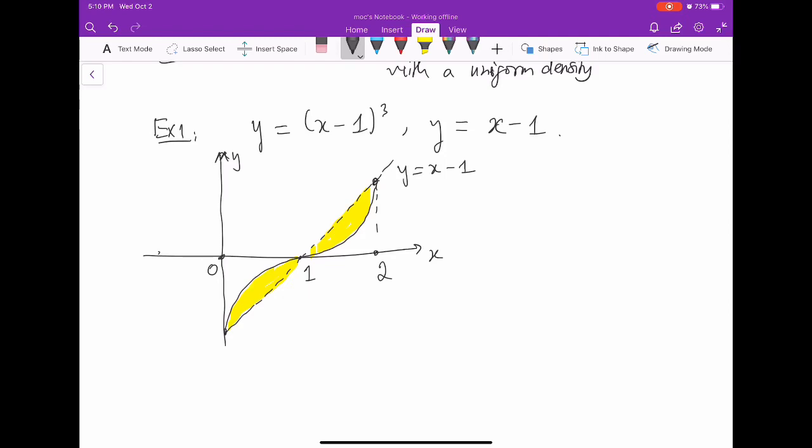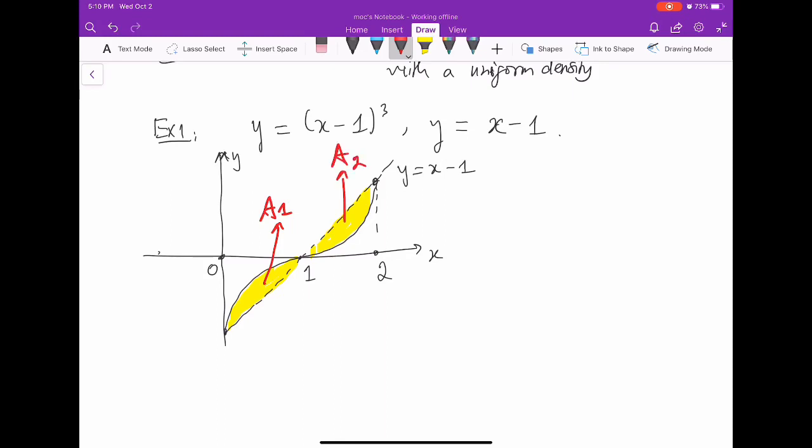What happens if they don't give you a picture? If they give you a picture like this, we have two regions in here. The first region is this one, I call A1, and the second is A2.